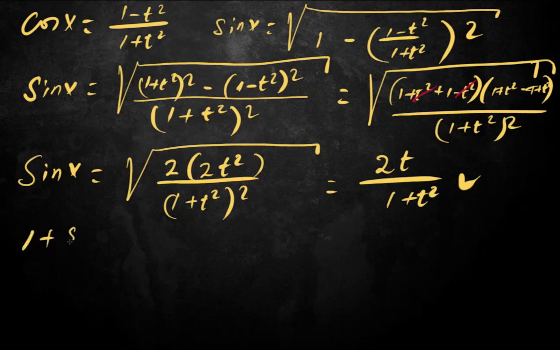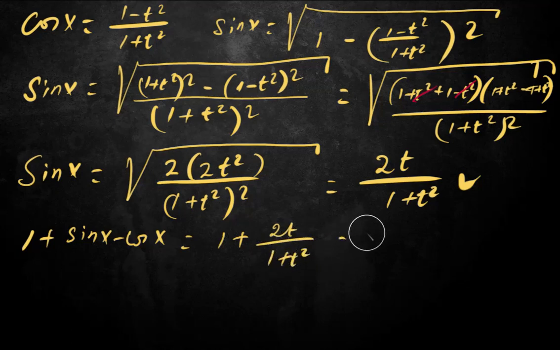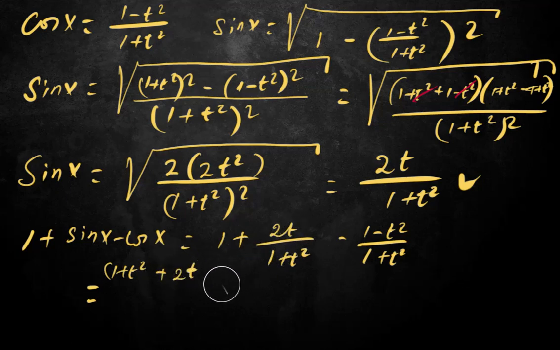We are now going to plug in. We get the quantity 1 plus sine x minus cosine x is now equal to 1 plus 2t over 1 plus t squared minus 1 minus t squared over 1 plus t squared. Let's do the calculations here. Same denominator, 1 plus t squared. So 1 plus t squared plus 2t minus 1 plus t squared over 1 plus t squared.